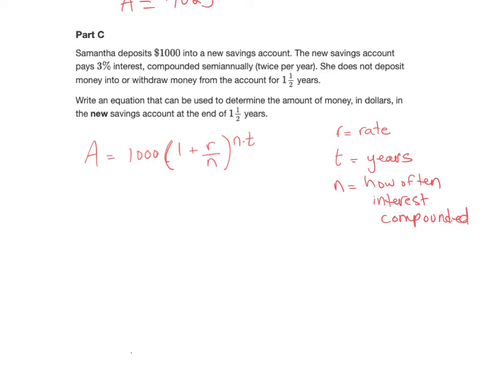For part C, Samantha's depositing $1,000 into a new savings account, where this time the interest is 3%, which is compounded semi-annually, or twice a year. And she doesn't deposit money into or withdraw from it for 1.5 years.